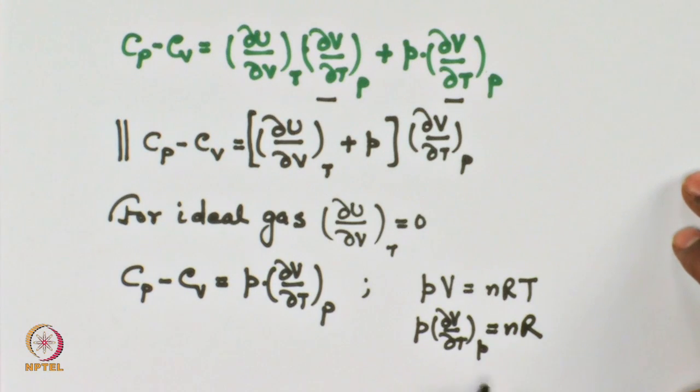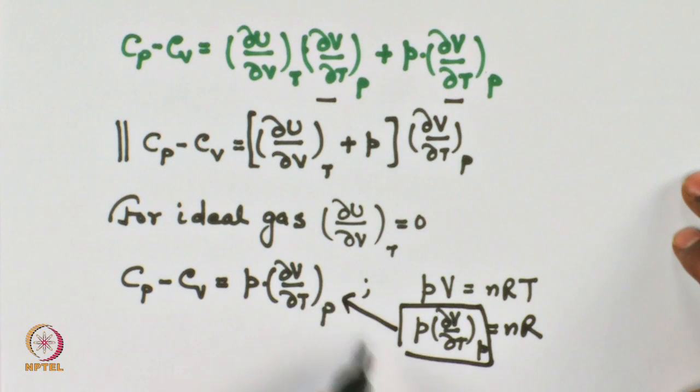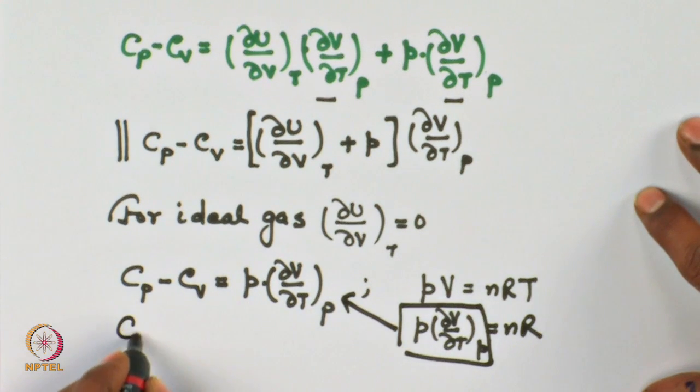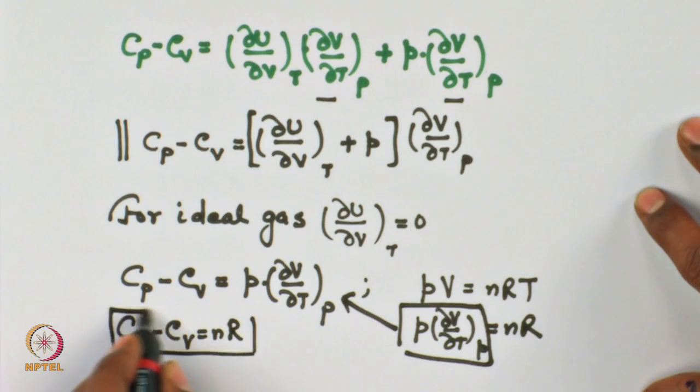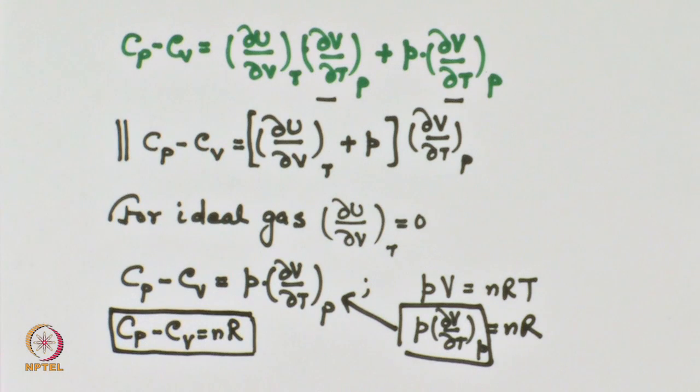So, we have nR, and this I can substitute over here. Once you substitute, you get Cp minus Cv is equal to nR. This is the equation that is applicable to an ideal gas. And this is the most widely given answer when someone is asked, what is Cp minus Cv? For ideal gases, it is equal to nR.